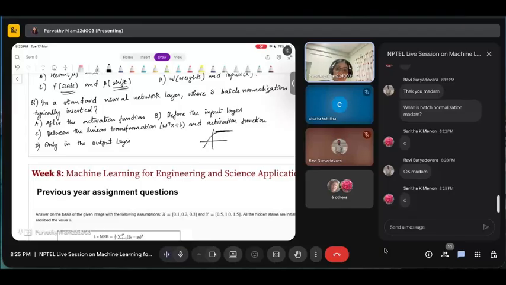To prevent that, we use batch norm in between so that the values are scaled to a specific range. When we apply the nonlinear activation function, it will not go to the saturation region, but somewhere over here, so that the gradients will be properly updated.